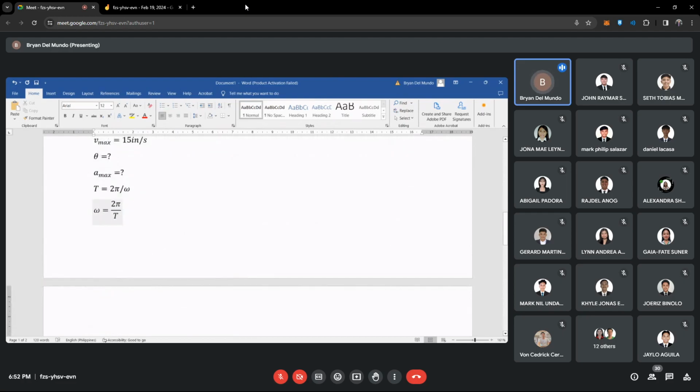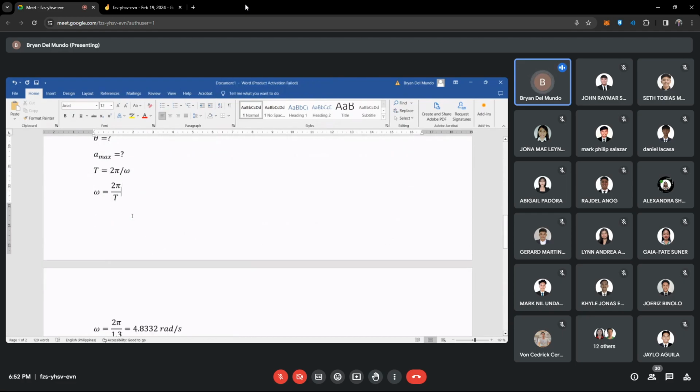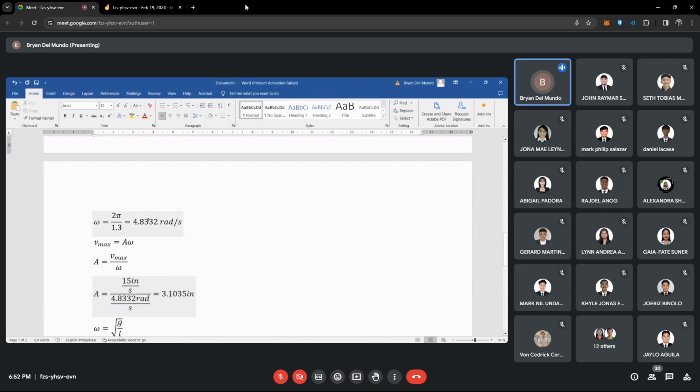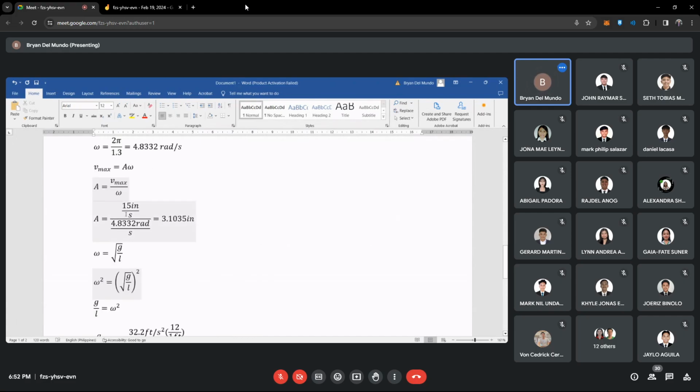We try to solve first yung ating omega n, which is 2 pi over given period, which is 4.8332 rad per second, and then we have here our maximum velocity is equivalent to amplitude multiplied by omega n. Then we try to derive this one para makuha yung value ng ating amplitude.